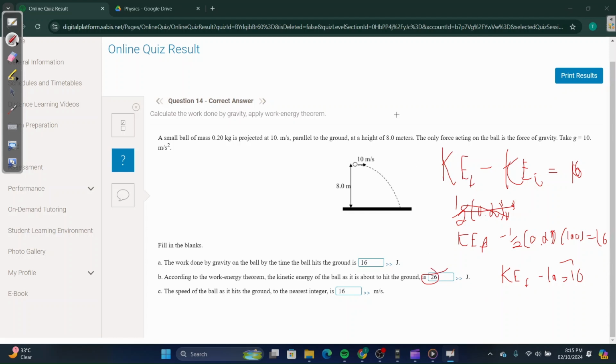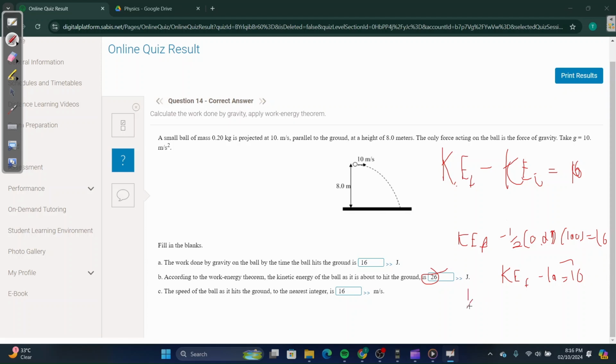Keep in mind, half mv squared here equals the final kinetic energy. But to simplify, since you're going to find the velocity in the final part, keep it as final kinetic energy. I could use half of mv squared, but it's going to make it complicated. So the speed of the ball as it hits the ground, to the nearest integer. Now we solve for the velocity.